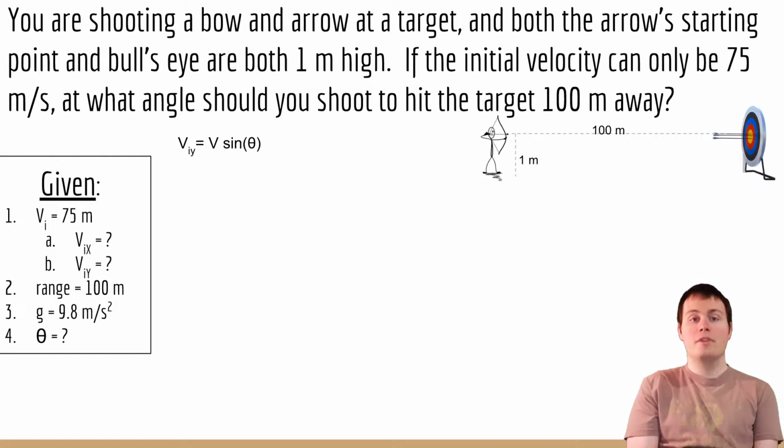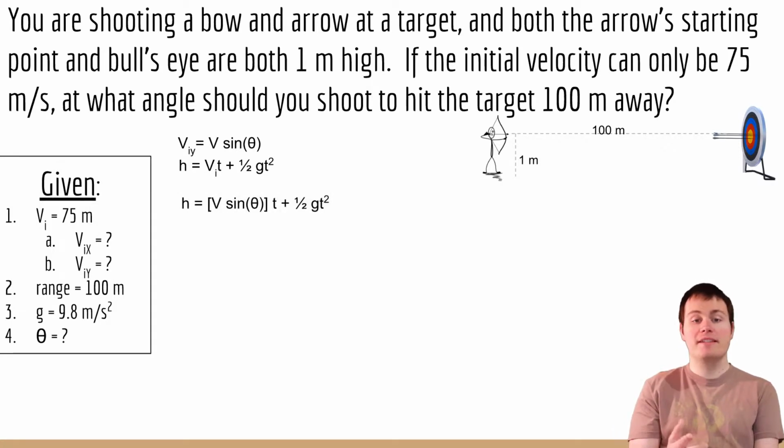And then we also know the general equation that height is equal to the initial velocity in the y direction times time plus 1/2 times gravity times time squared. So when we plug everything in, we have the equation: height is equal to the initial velocity sine of theta times time plus 1/2 times gravity times time squared.